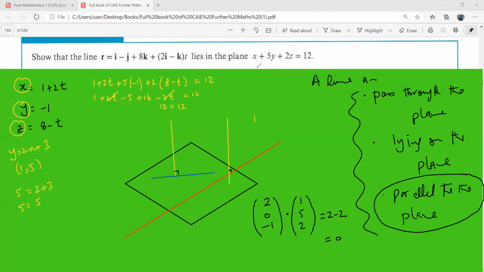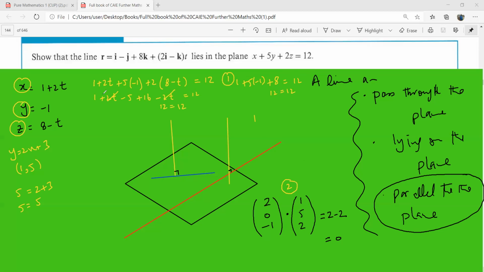So you just put this 1, minus 1, 8 into here. You will see that this is 1 plus 5 into minus 1, and then you have 8. So this is going to be 12, 12 equal to 12. So either you do these two steps, number one, and this is your step number two.